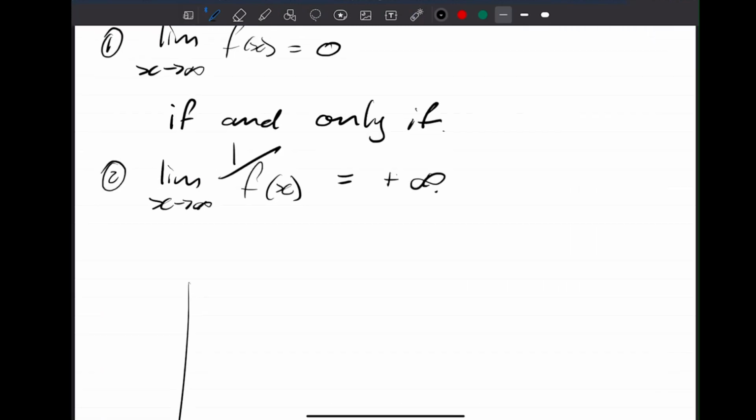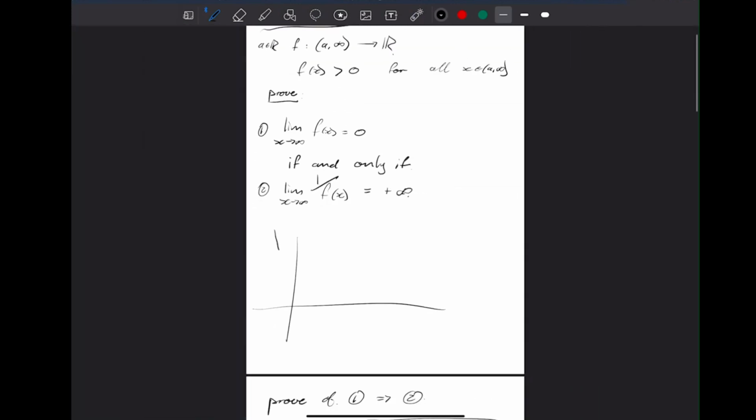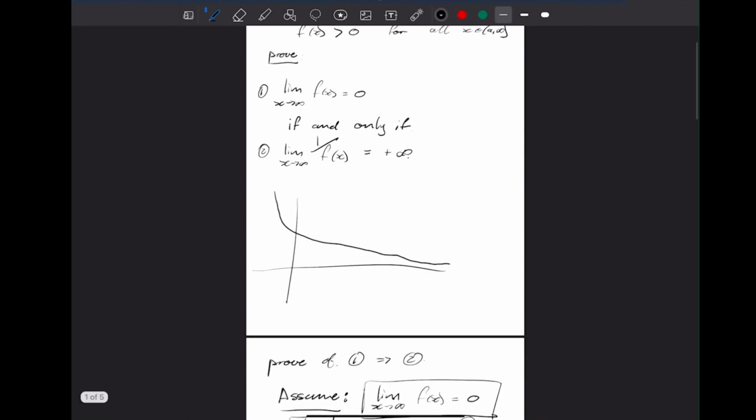So we can think of what happens: f of x remains positive but becomes smaller and smaller, tends to 0, and then 1 over f of x tends to infinity.